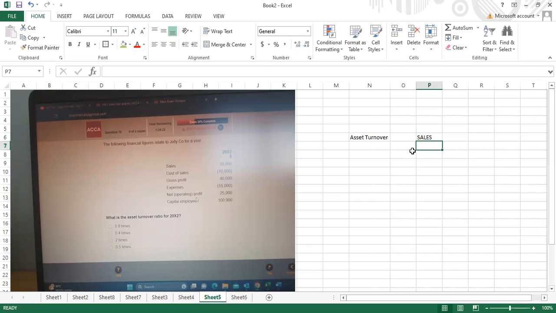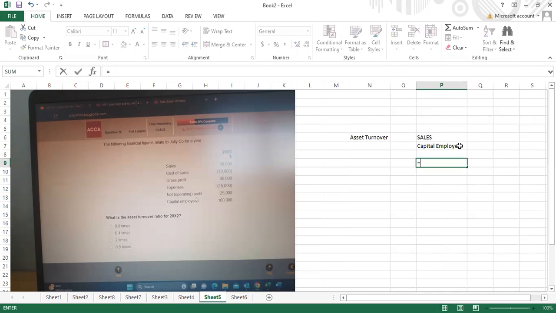It's sales divided by capital employed, right? So if you divide sales by capital employed, you will get the answer. Sales is 50,000, divided by capital employed, which is 1 lakh, giving 0.5 times. D is the right answer.